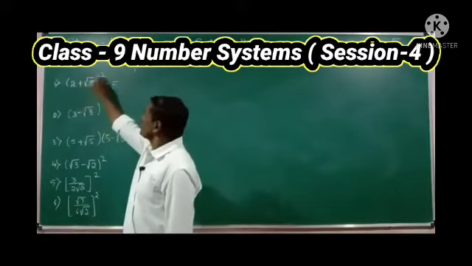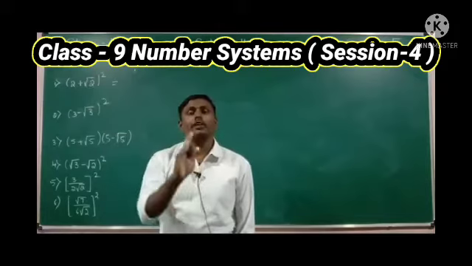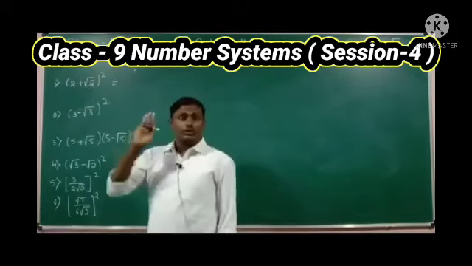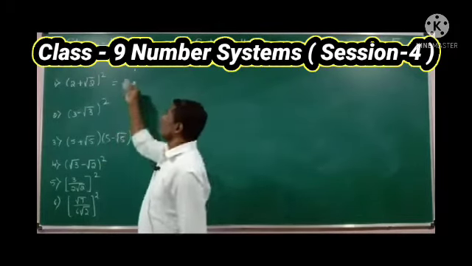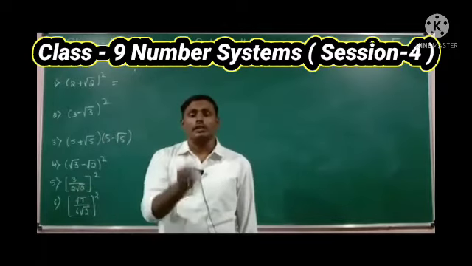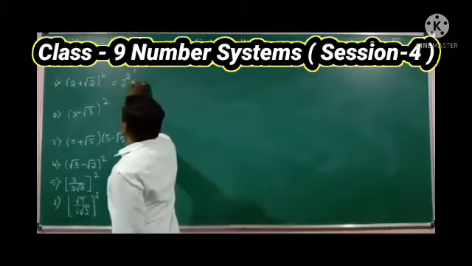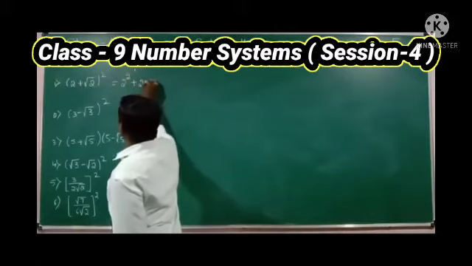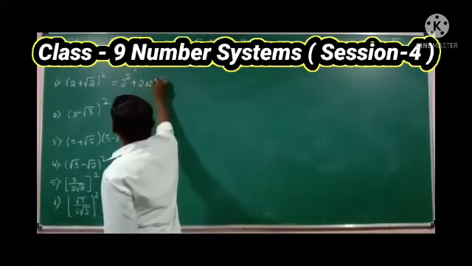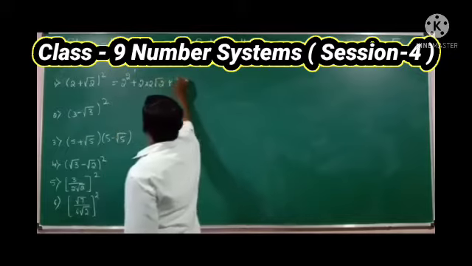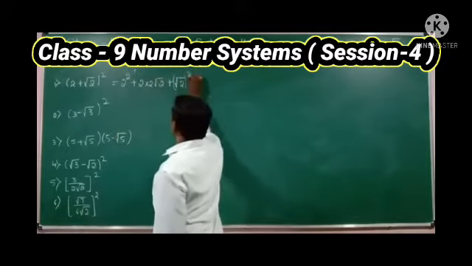2 plus root 2 whole square is in the form of a plus b whole square. So split it in the form of a plus b whole square, which is a square plus 2ab plus b square. So 2 square plus 2 into 2 into root 2 plus root 2 whole square.